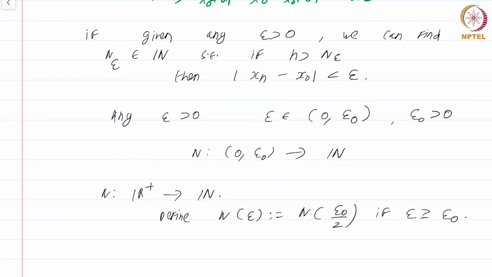Just define this function. Suppose you have satisfied the definition of convergence for all epsilon in the interval (0, epsilon naught), then define the new function N, I'm choosing to use the same name for convenience, from R plus to N by N of epsilon is N of epsilon naught by 2, whenever epsilon is greater than or equal to epsilon naught.